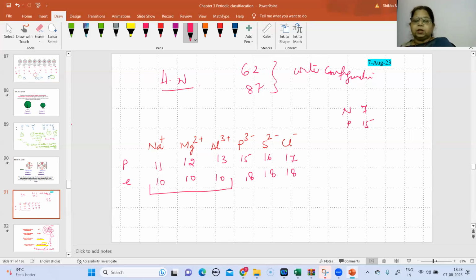Now, compare the sizes of these three. Which one will be smallest in size? Can Ritika answer me? Out of sodium cation, magnesium 2 positive, and aluminum 3 positive, which will be smallest in size? Ma'am, your voice is kind of breaking. Okay.